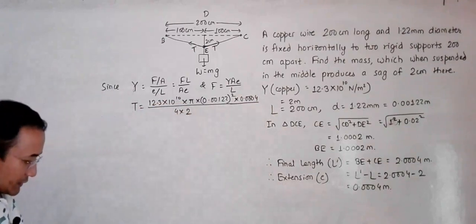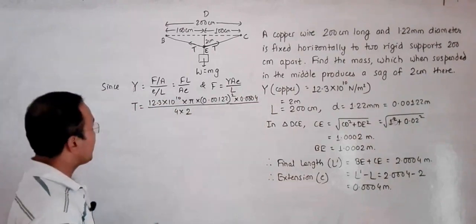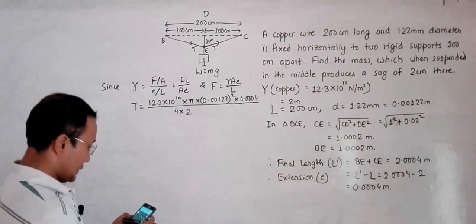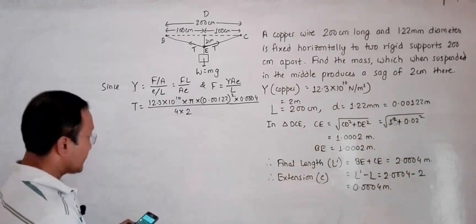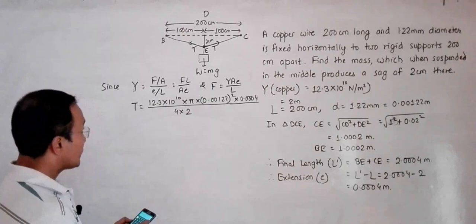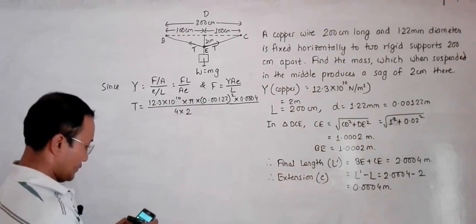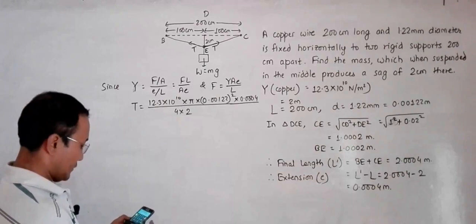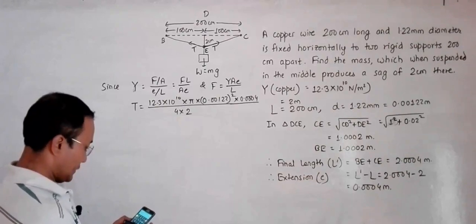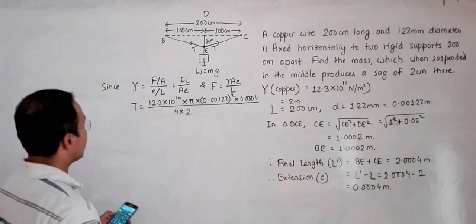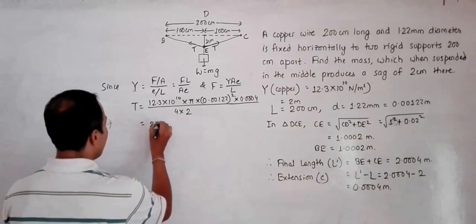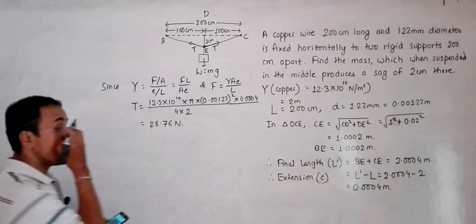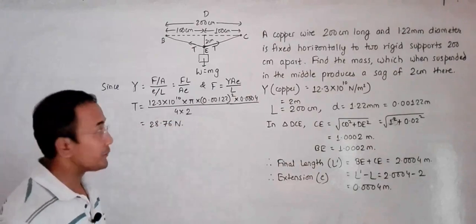If I calculate this value, T comes out to be 28.76 Newton. So this is the value of the tension force.